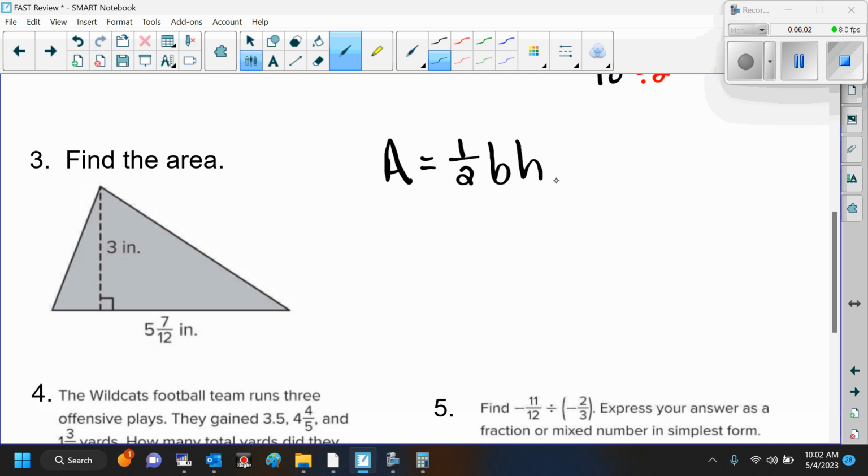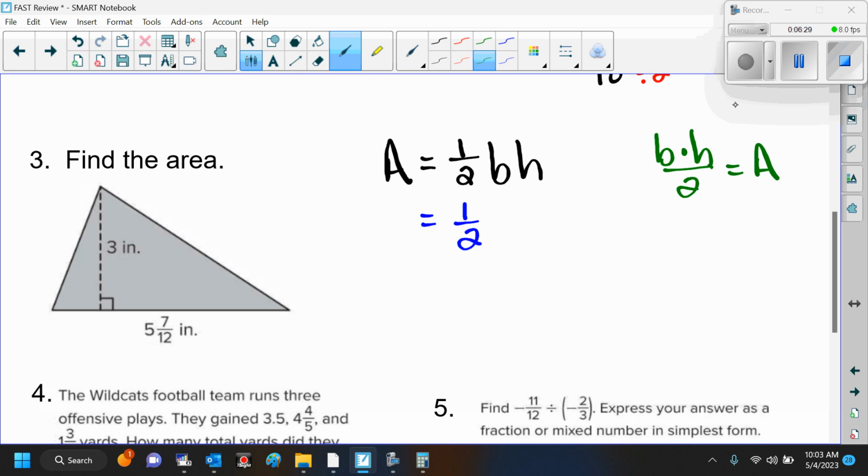And remember, the height is the one that drops down to a right angle. Okay? So if they had numbers on this side, you know it's going to be the one that drops down to the right angle. Is everybody clear? So now we substitute in. So we've got 1/2. Oh, and by the way, you could also do base times height divided by 2. That also equals area. Okay?